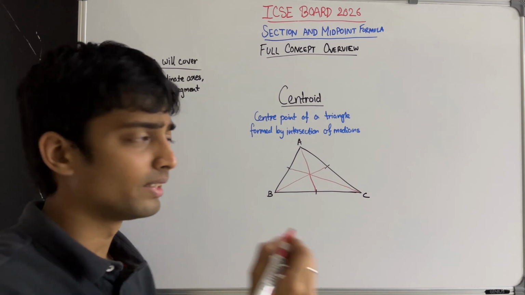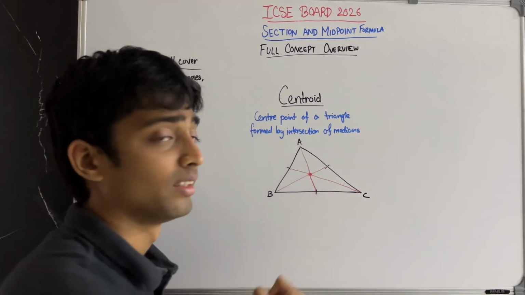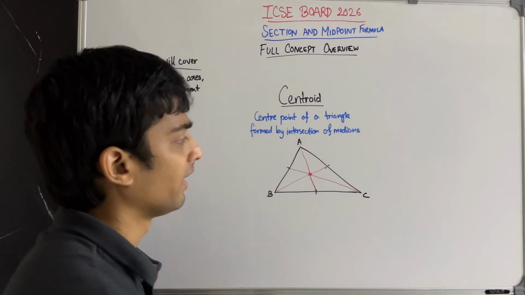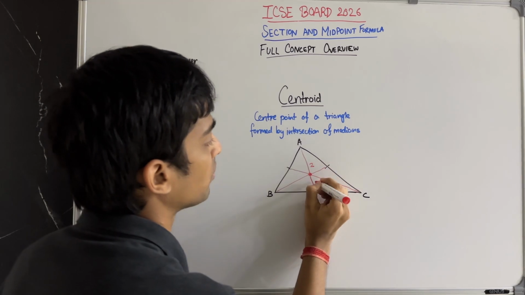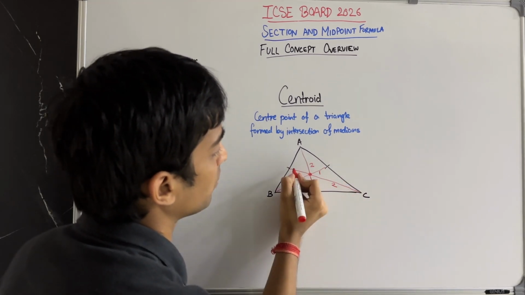So all the three lines intersect at a single point. That is called the centroid. Also, centroid divides each line into 2:1. So this centroid will divide this line into 2:1. This also 2:1. This also 2:1.